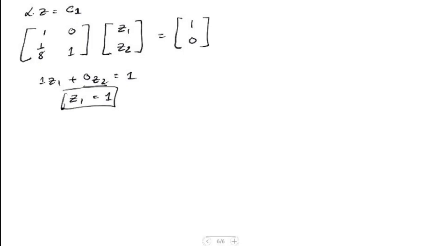Then working on the next equation, we have 1 over 8 times Z1 plus 1 times Z2 is equal to 0. We know the value of Z1 already, that's 1. 1 times 1 over 8 is 1 over 8. So Z2 is 0 minus 1 over 8, so it's minus 1 over 8.